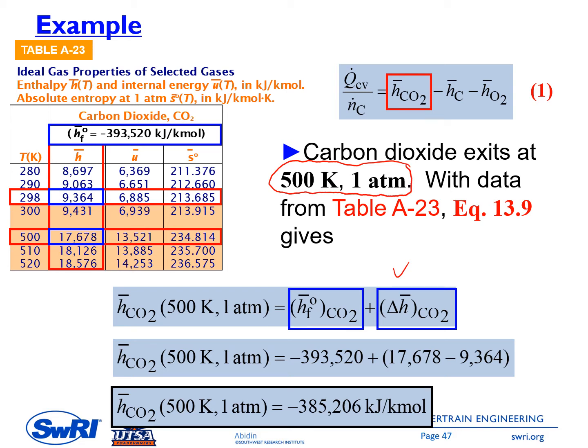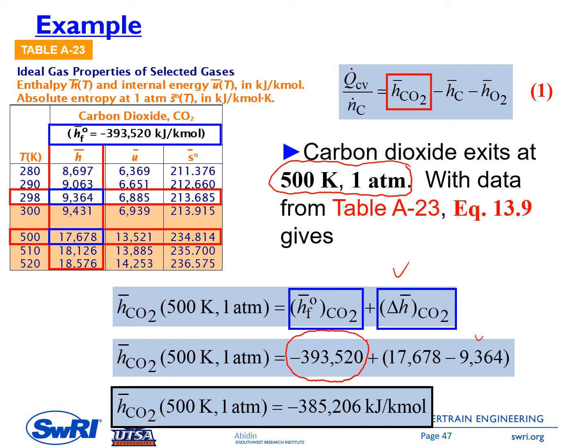CO2 has an enthalpy of formation, and we can get it from table A-25, which is minus 393,520. And then delta H here is the carbon dioxide enthalpy at 500 minus the enthalpy at 298, which is the reference temperature. And you can use table A-23.